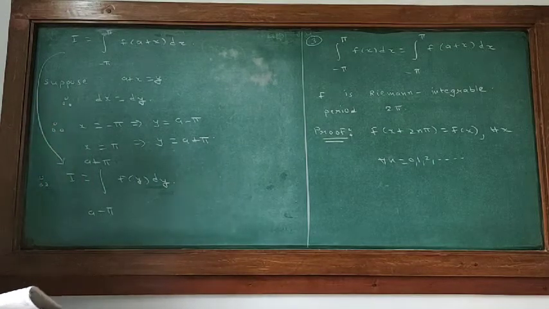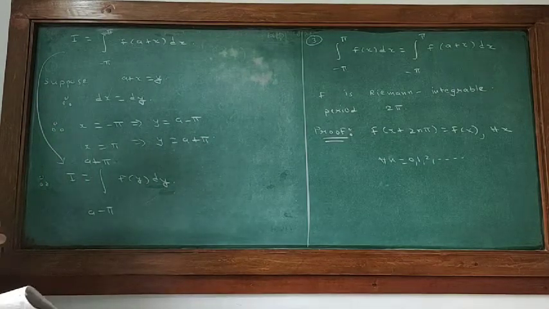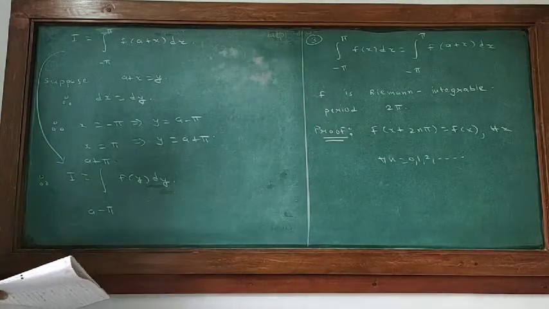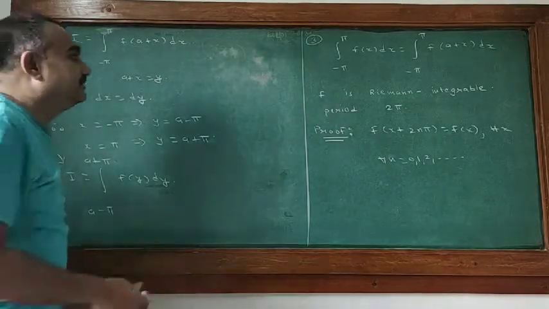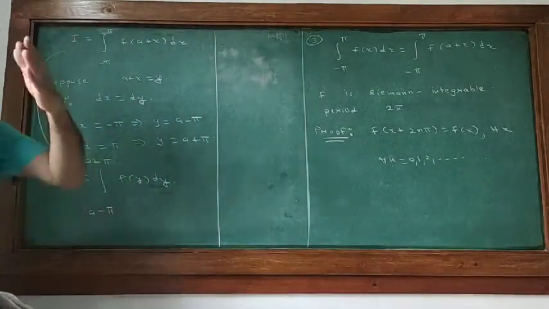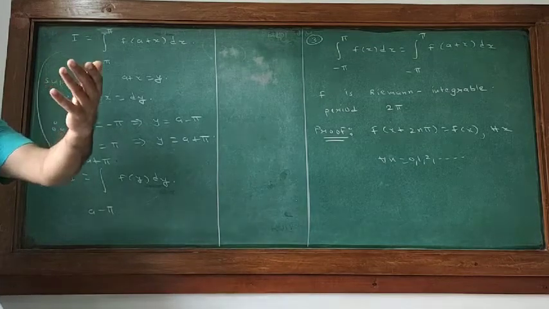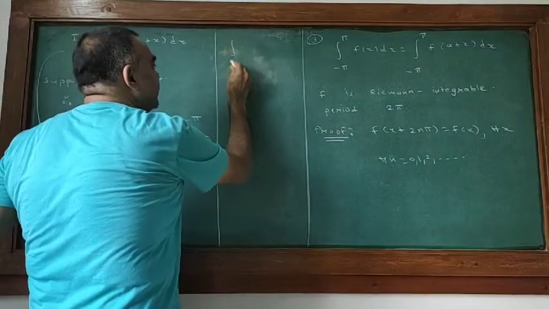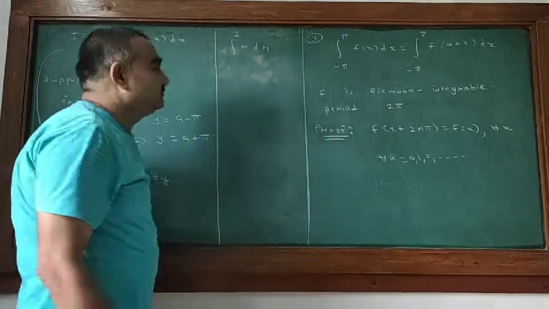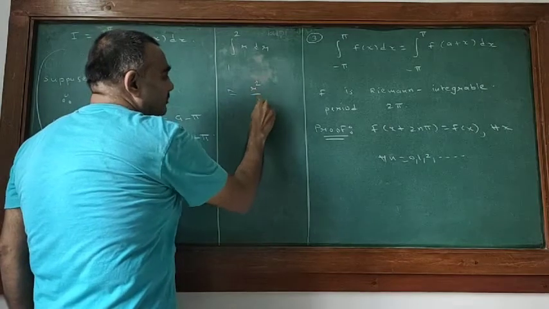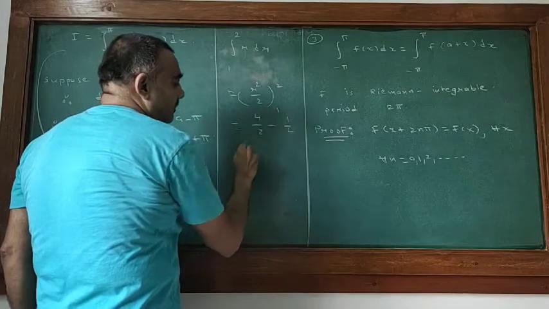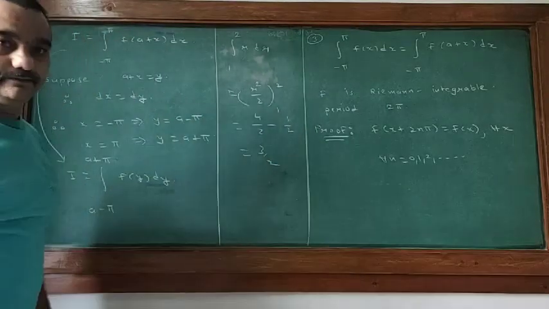At this juncture, I want to emphasize and give one special idea to you. The special idea is that in mathematics, and particularly for definite integration, if I say the integral from 1 to 2 of r dr, you know what it is? r square by 2, 4 by 2 minus 1 by 2, so the answer is 3 by 2.